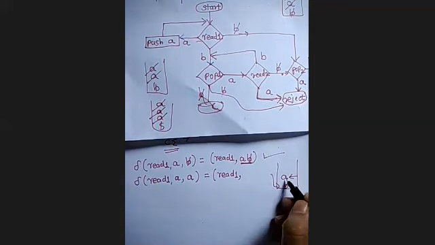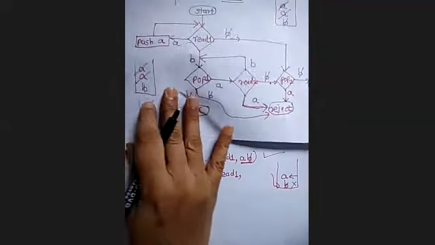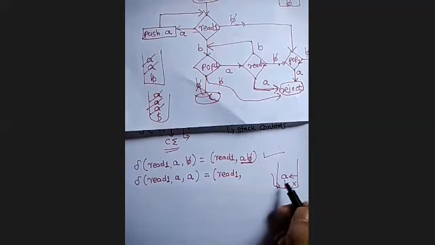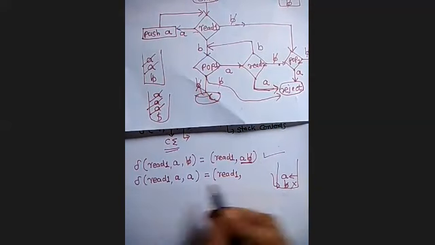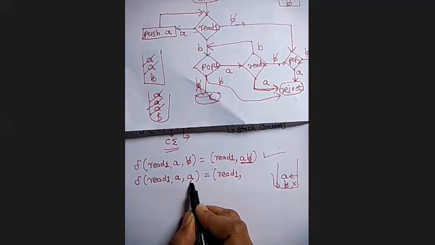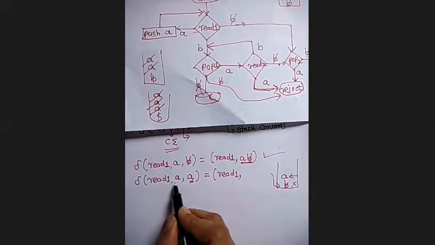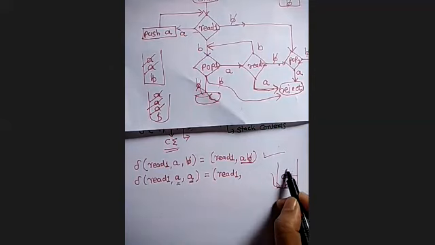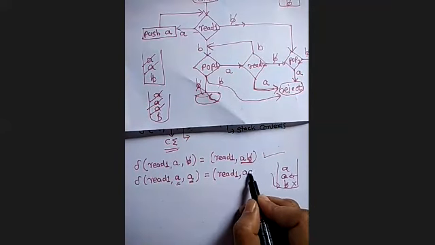So I don't know what symbol is below this A, it may be blank, it may be A. I know only the top symbol. That is the stack operation. So we know that now the top symbol is A. This A is pushed on the stack, and on top of that this A is pushed. So you can show this like AA.